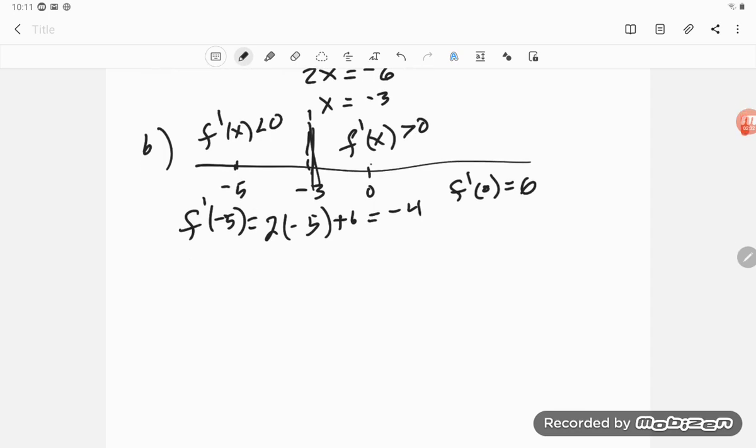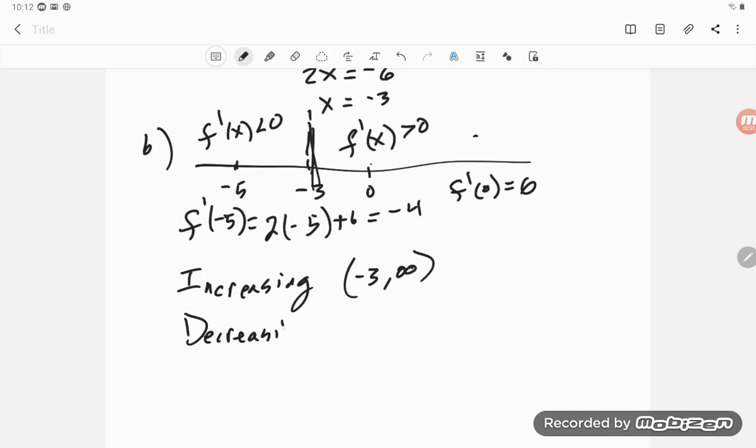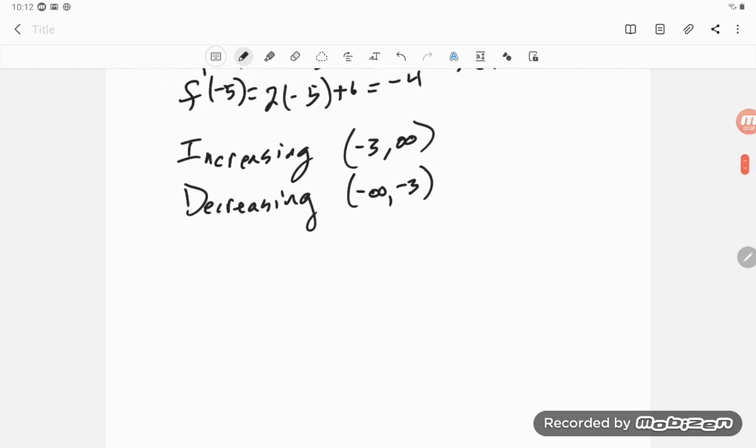So my intervals for increasing, I guess that's over here on the right, sorry, increasing goes from -3 to infinity, and decreasing goes from -infinity up to -3. So there are the open intervals for increasing and decreasing.